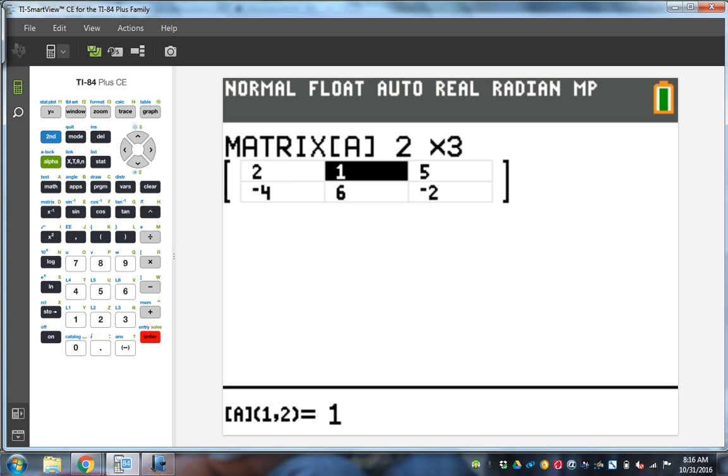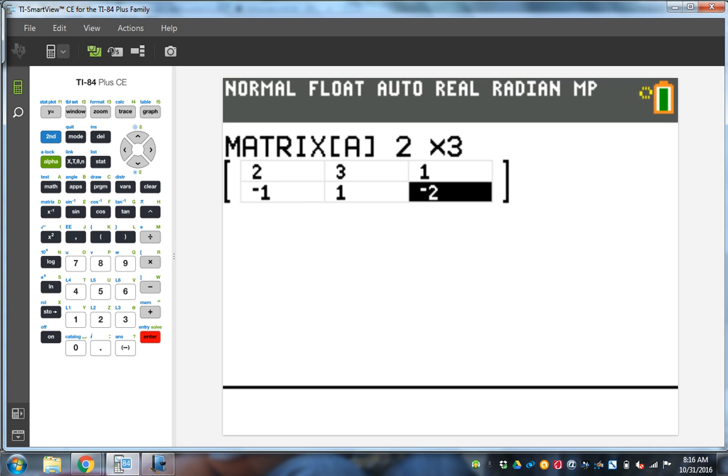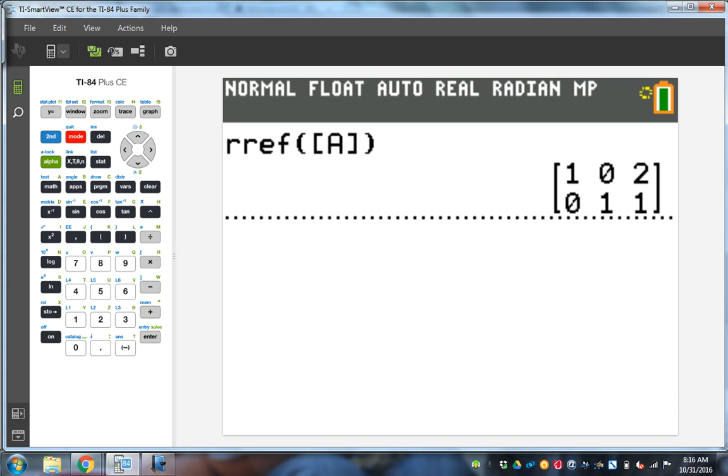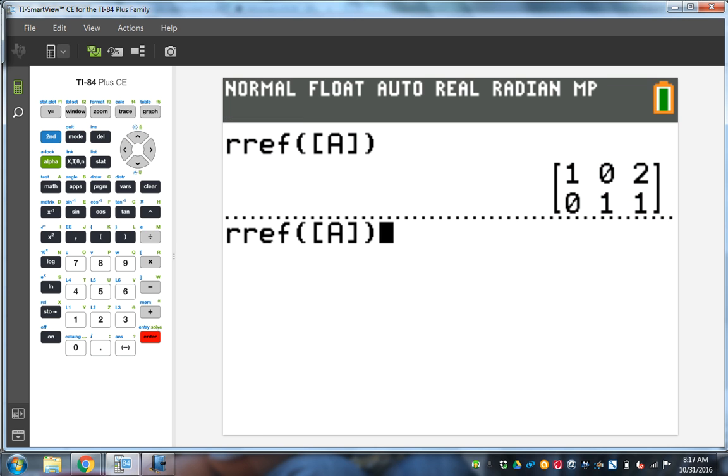2, 3, 1, -1, 1, -3. Here's the great thing about reusing that. Instead of hitting all the buttons to get back to RREF and then picking the matrix, you can just press the up arrow, grab that command, and hit enter.